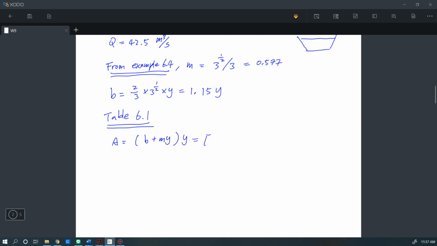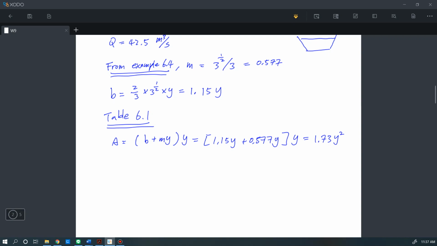In this case, let's just plug in the values. And we can get the final result. Just organize these numbers together, then we will have the area equal to 1.73 y squared.